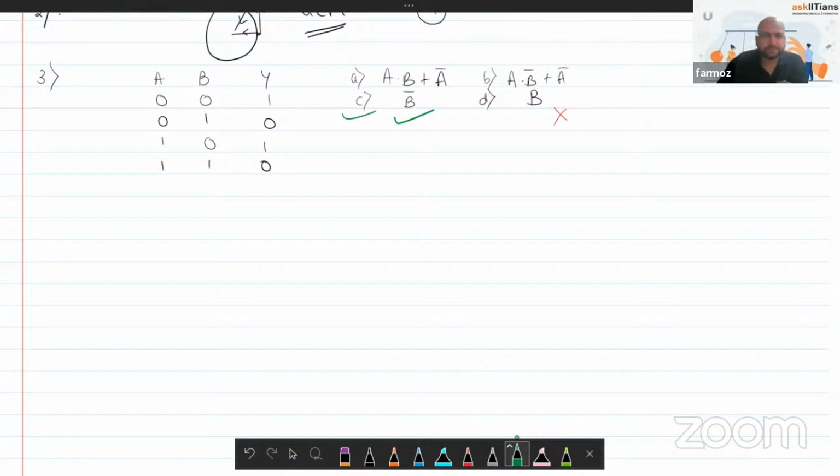Now let's talk about the next question, that is question number 4. They have given two solenoids, solenoid AB and solenoid CD. They are saying that in the above diagram, a strong bar magnet is moving towards solenoid 2 from solenoid 1.